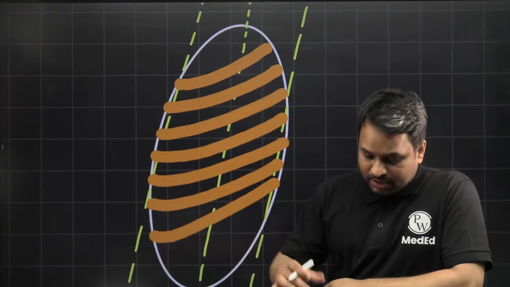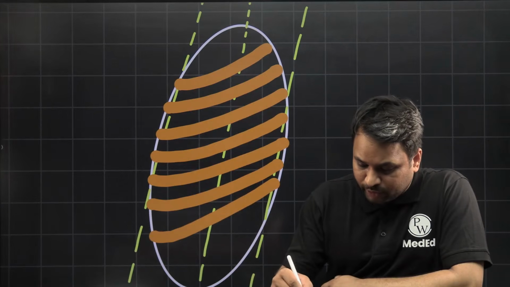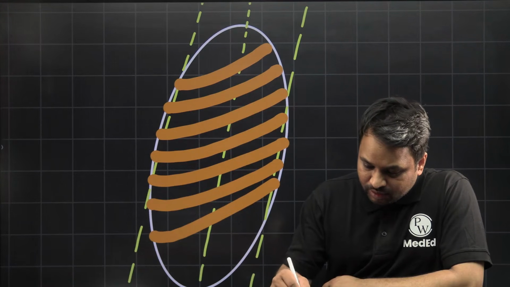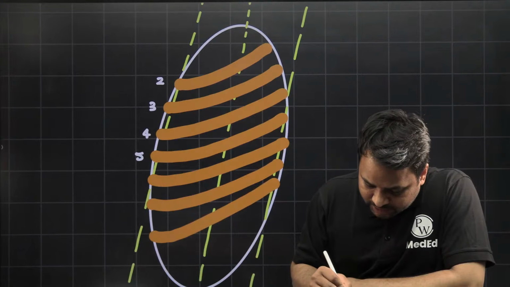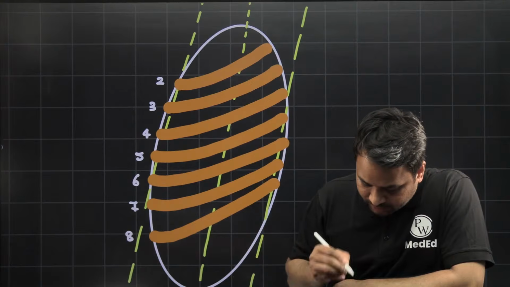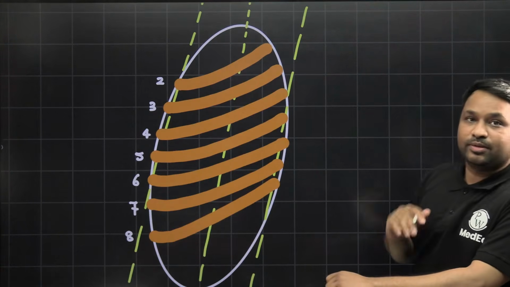Now, usually when you are going to place the ICD, if I say this is the second rib, this is the third rib, the fourth, the fifth, the sixth, the seventh, and this is the eighth rib, these are the numbers given for ribs.